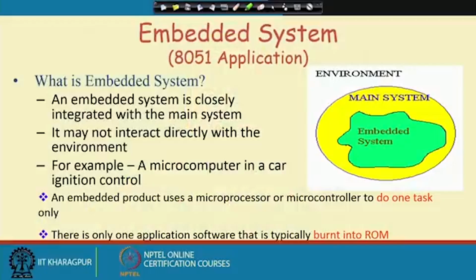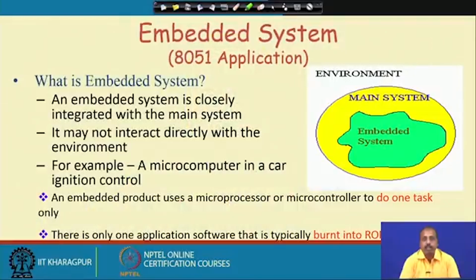So, why did this 8051 all of a sudden come? This has come because of the new type of systems that we have, known as embedded systems. An embedded system is closely integrated with the main system, and it may be that in the overall system this embedded system is a part.